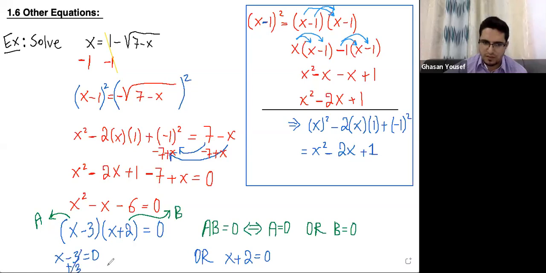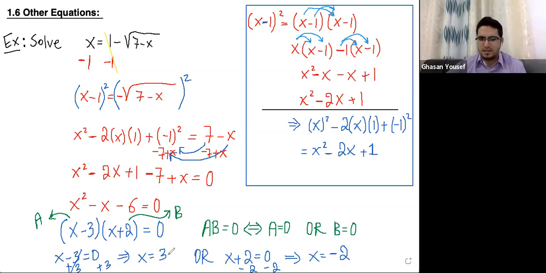So they will cancel out, plus 3. Now I will get x equals 3. Here I subtract the 2 from both sides. I will get x equals minus 2. So the answer is x equals 3 or x equals minus 2.